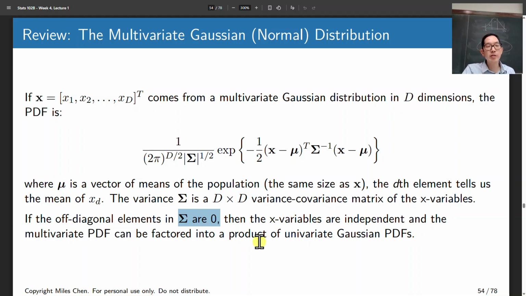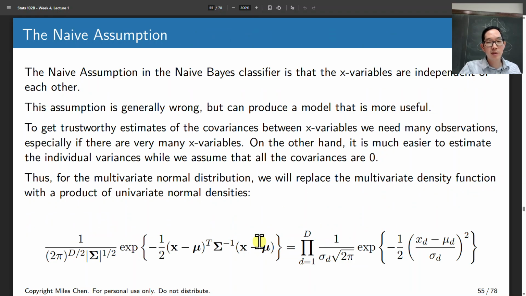And if they're independent, you can factor out your multivariate normal into a product of basically univariate normal distributions.